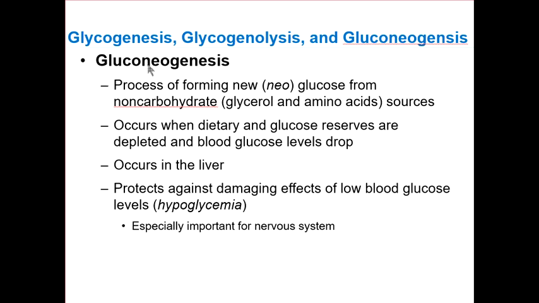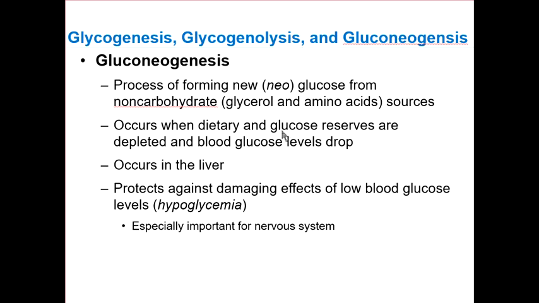So gluconeogenesis means creating, genesis, new glucose, gluconeogenesis. So not from glycogen, because that is a carbohydrate, but we can form glucose from glycerol, which is a lipid, and amino acids, which is in the protein category, from those sources. So when that happens, we call that gluconeogenesis.